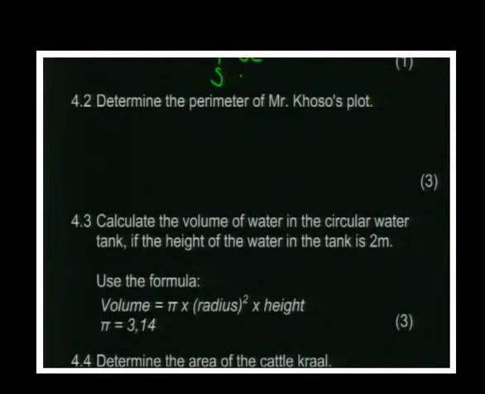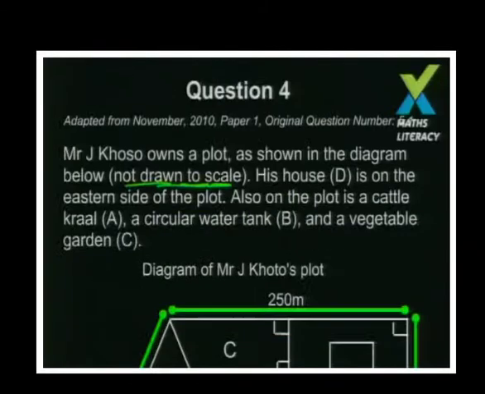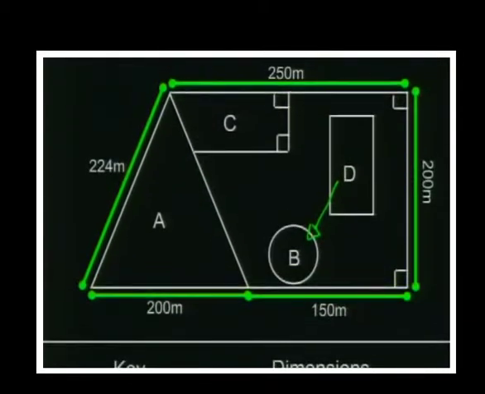Determine the perimeter of Mr. Kozo's plot. So, finding the perimeter of this plot, we want to say, if I were to stand on one spot on the outside of his land, and walk right around his land, how far would I have to walk? Well, let's have a look at it.